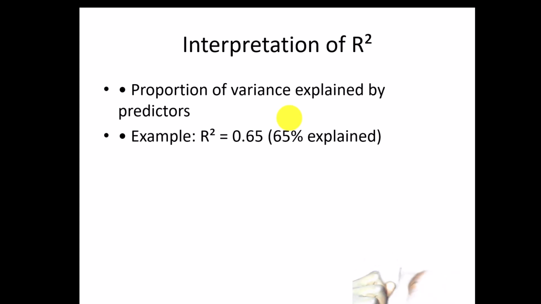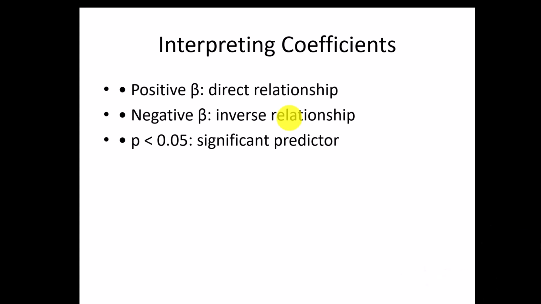So the R square gives us the information on what percentage of the changes in variance are accounted for by the independent measures. And we have the beta weights, which are talking about the contribution. The two things we must know are the positive beta weight and the negative beta weight.